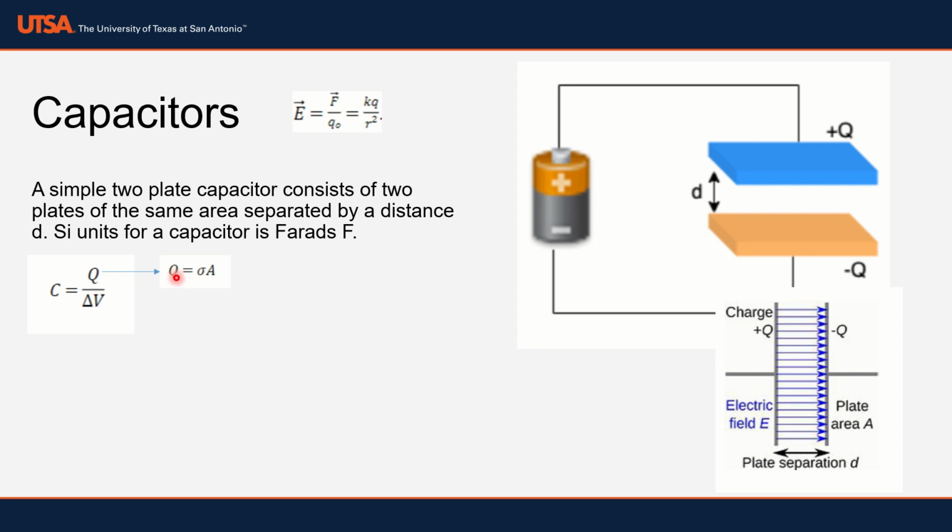Our total charge equals the charge density times the area, so we multiply the charge density by the area to get the total charge on the capacitor plate. This symbol is related to Q, which was our elementary charge. Q is just quantifying how many charges we have.